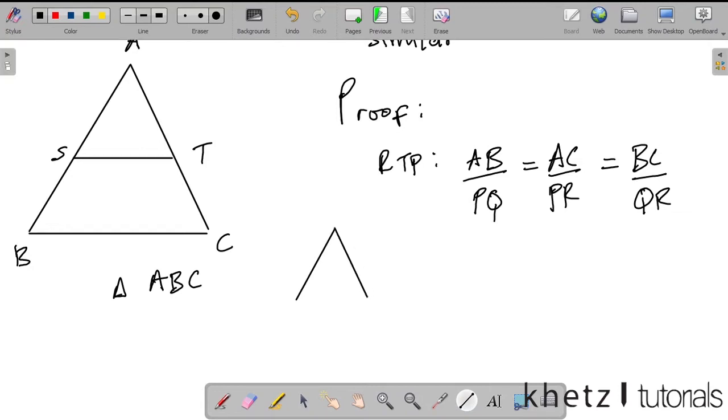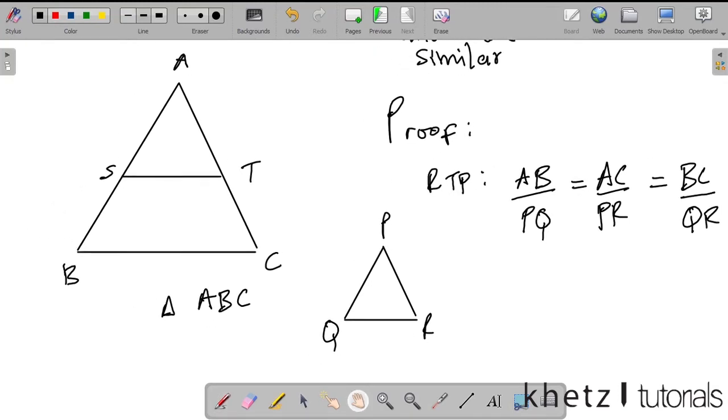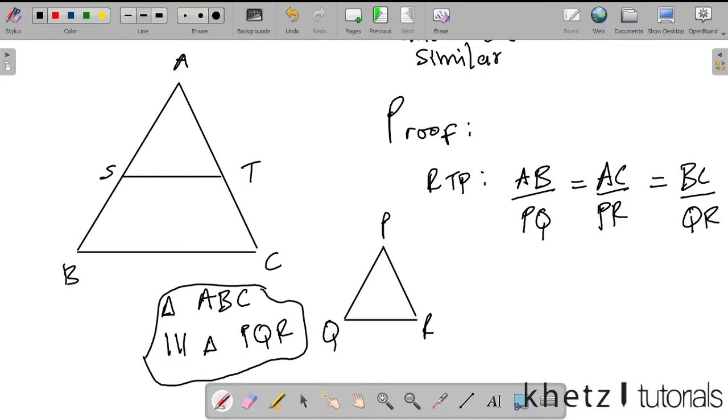We just want to prove that the sides are proportional. Just imagine that these triangles are actually closed. So that is PQ and that is R. We want to prove that ABC and PQR are similar.